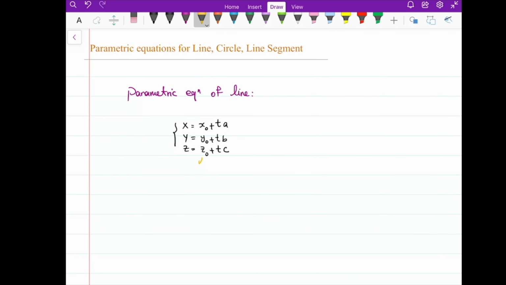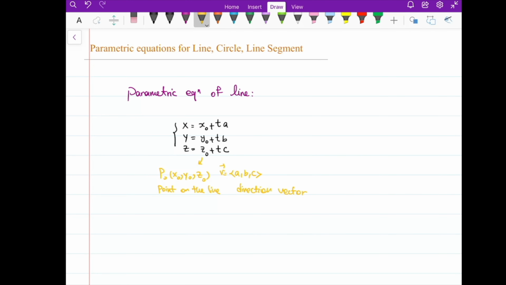Basically x naught, y naught, and z naught are a point on the line, and A, B, C are the components of a vector in the direction of the line, the direction vector.